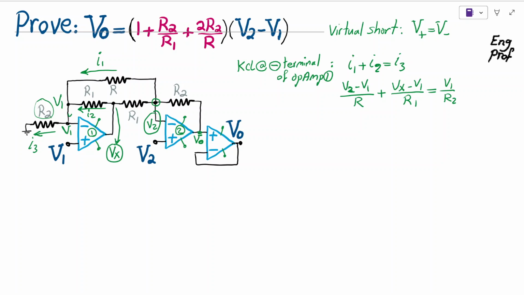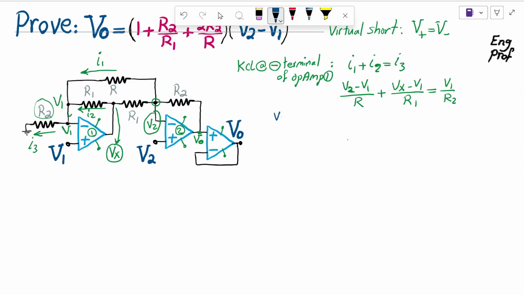Okay, so let's refer to this as equation 1, but let me reshuffle things around in this equation 1 so that I find Vx as a function of the rest of the voltages. I'm going to change the color so that we have better contrast.